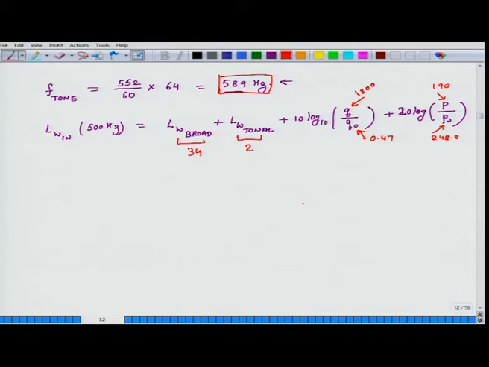Now, we know everything in this equation, and what we get? If you do all the math, this is the number you will come up with, 69.5 decibels.